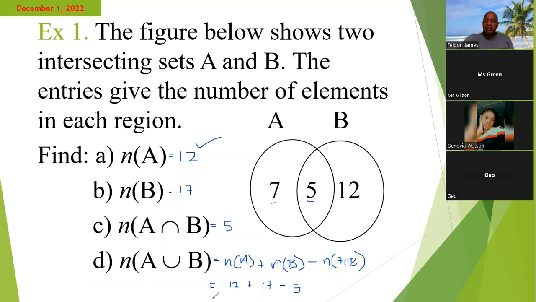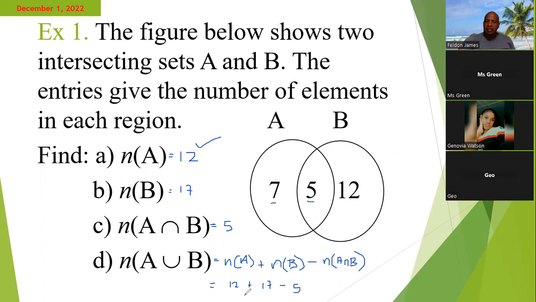All right, what are we going to do next? So you have 12 plus 17. So 12 plus 17 gives you how much? 24, sir. Check it again, miss. 29. All right.